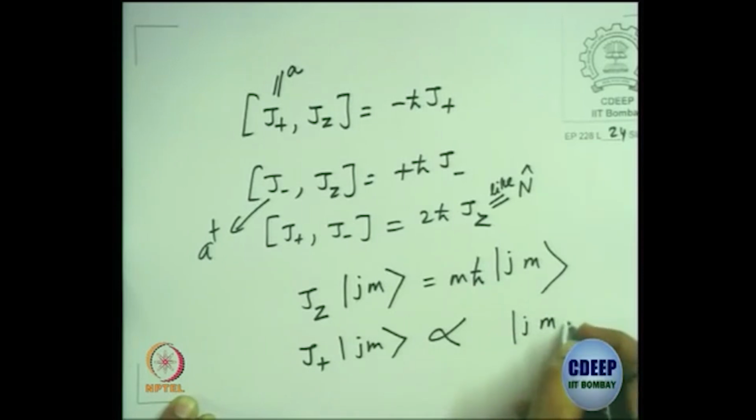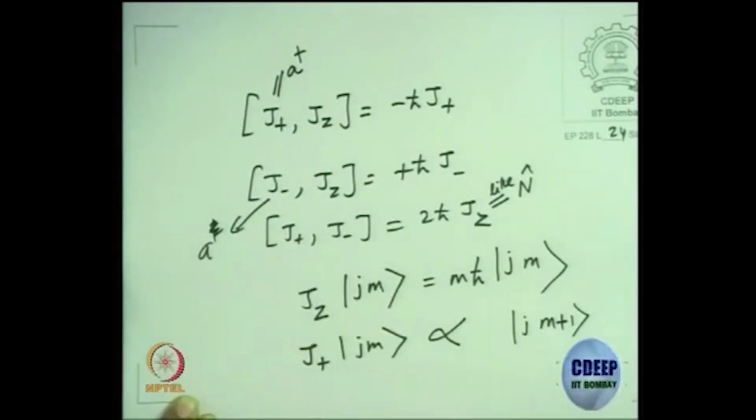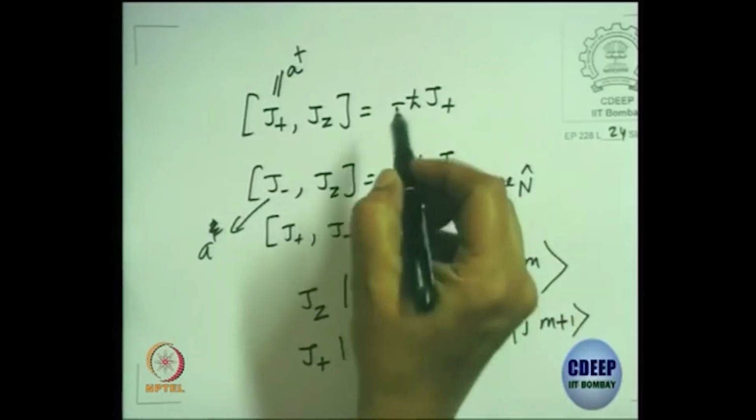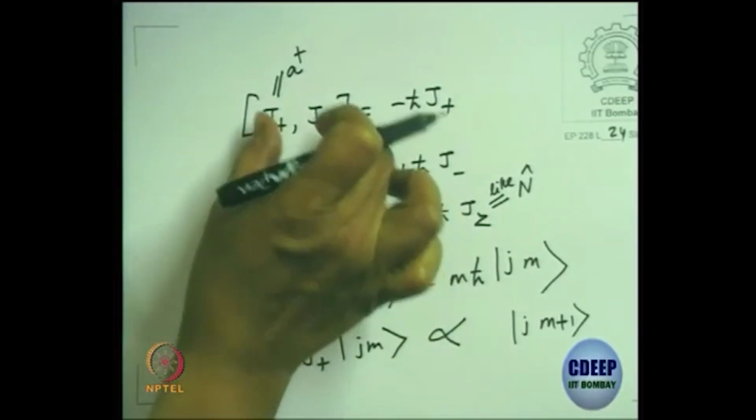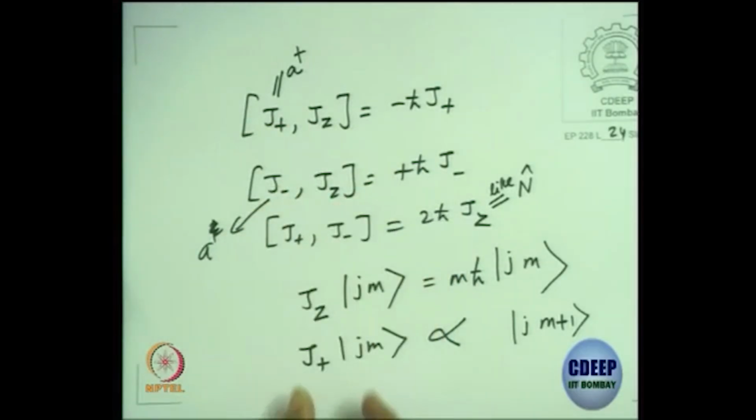I think this one is like A dagger and this is like A. Rewrite it that way, then this will become a plus sign and that a minus sign. Excellent. This has to make you think. So use this algebra and try to figure out that it is like a ladder operator.